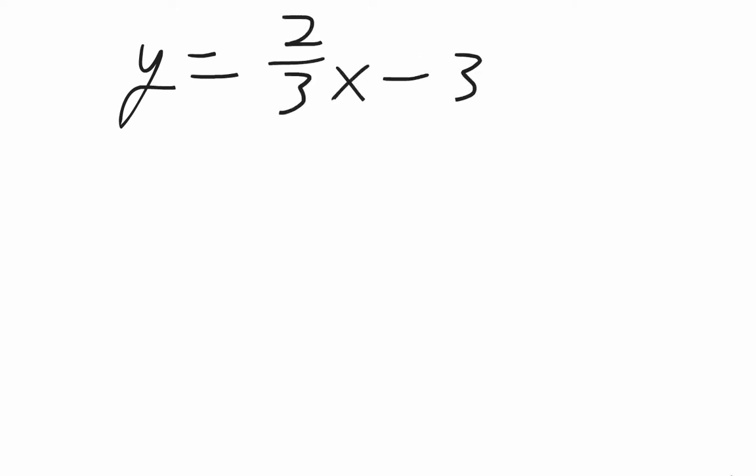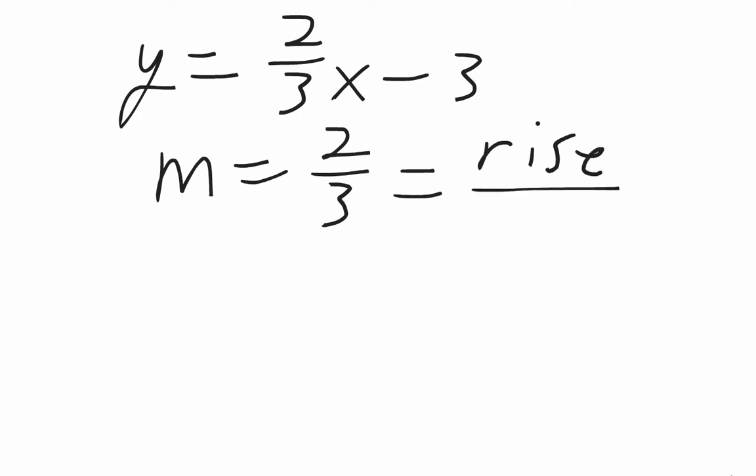So first of all, if we have an equation y equals 2/3 x plus 3, we know that the slope is 2/3, which means it's rise over run, if you remember back from algebra. And the y-intercept is 3. Since our y-intercept is 3, we make a point on 3.